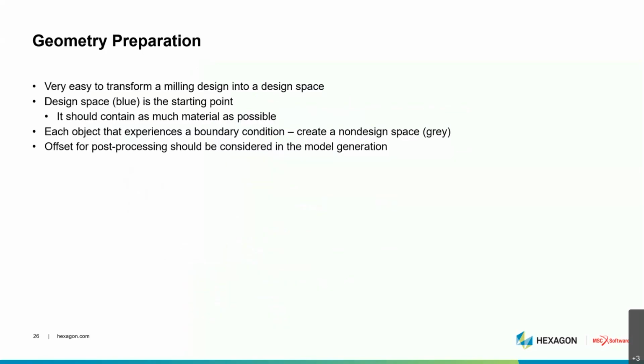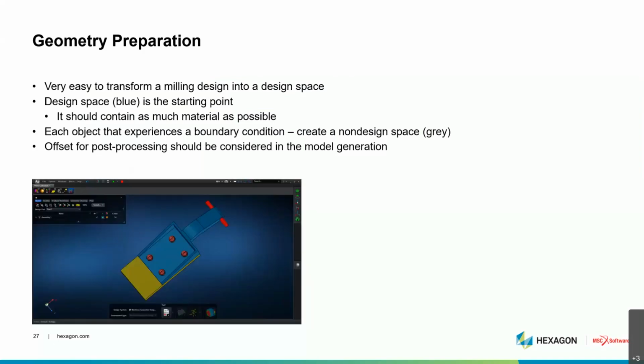Okay, so now I would like to talk a bit about the geometry preparation because it's very easy to transform already existing designs into design spaces for the optimization. As you can see on the left-hand side on the picture, yes, now I can see it at least. I hope you can see it as well.